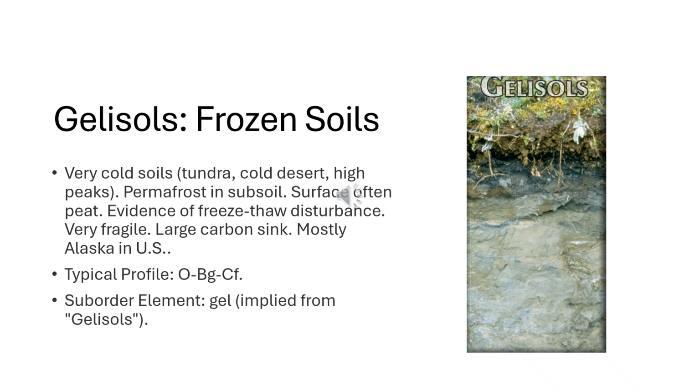Also, as I mentioned earlier, gelisols are a very large carbon sink. In the US, you primarily find these in Alaska. In Canada, these are the soils that form massive peatlands, and that is where our peat moss is harvested for use as a soil amendment.